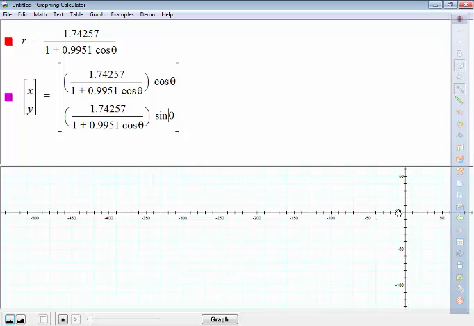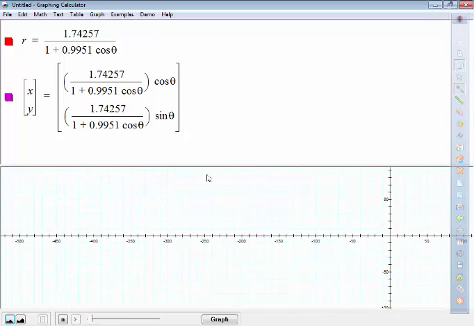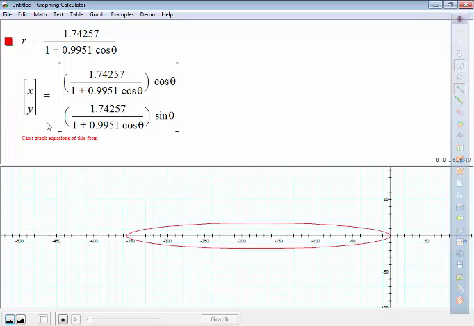Now, if I draw this, it's not going to be that helpful because it looks like I'm just going to draw the same thing. Oh, it can't graph the equation of this form. Oh, because I need to change the thetas to t's.